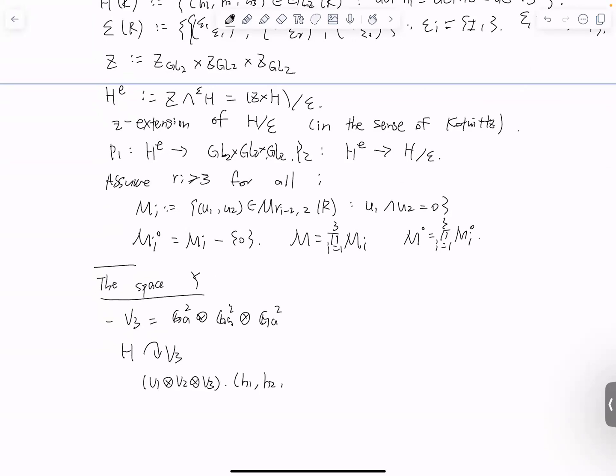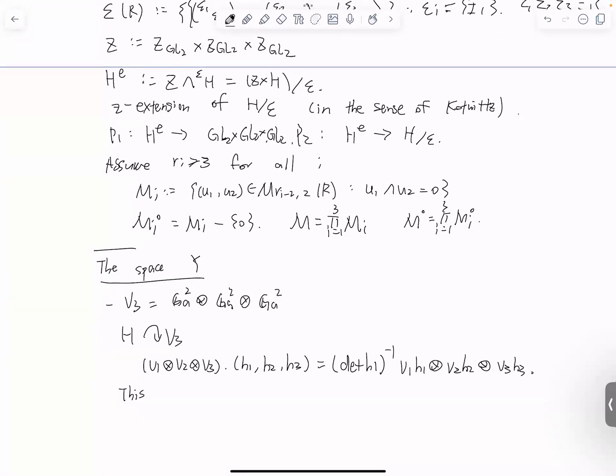We have the action of H1, H2, and H3 to be the determinant of H1 inverse times V1 H1 tensor V2 H2 tensor V3 H3. And this action factors through E and pushes back along P2 to an action of HE.